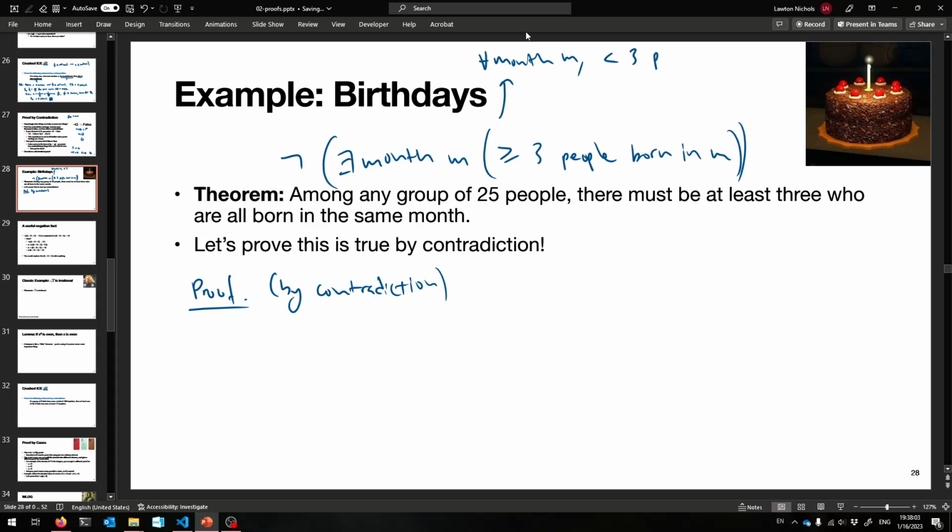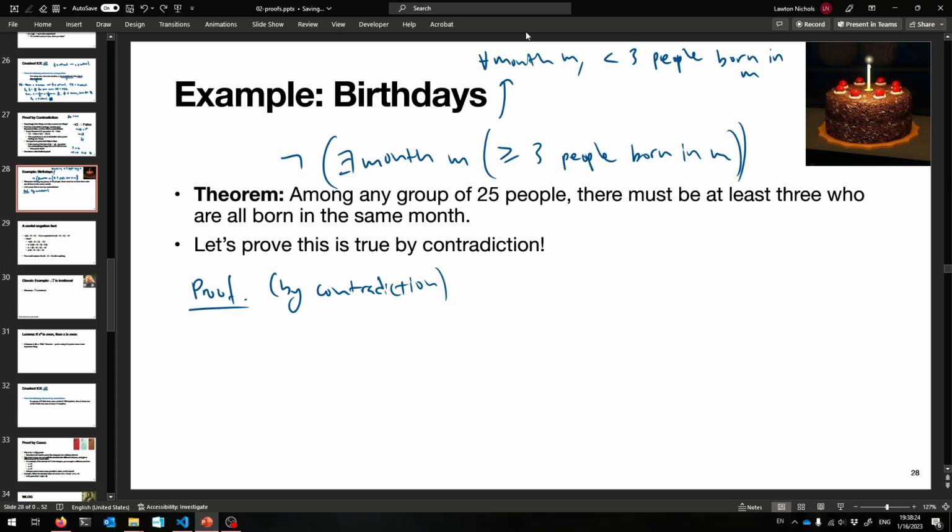Less than 3 people were born in M. You see how this is the opposite of this original idea? So if there isn't a month where there are at least 3 people born in it, that must mean that for every month, strictly less than 3 people were born in that month.